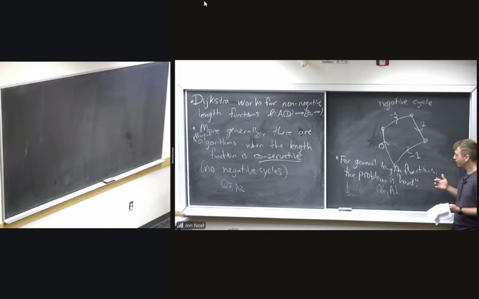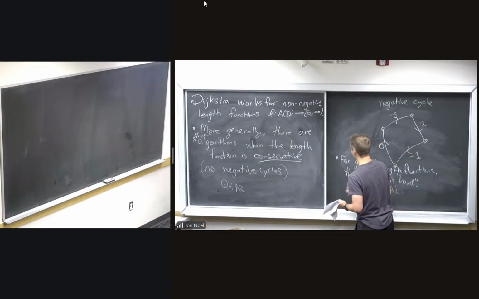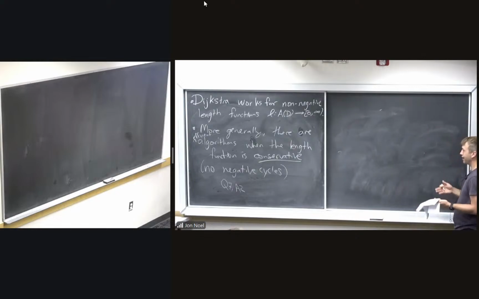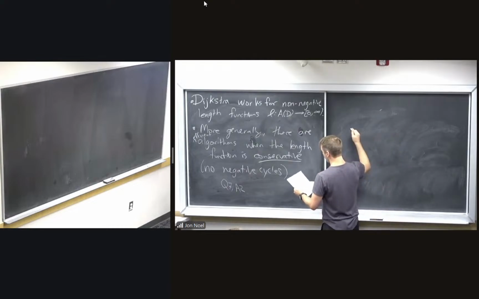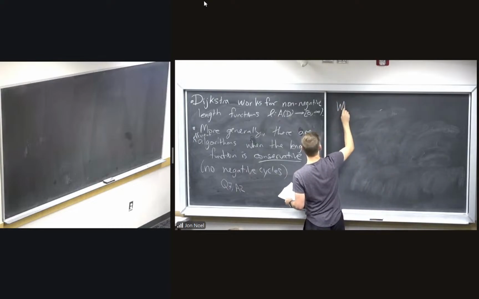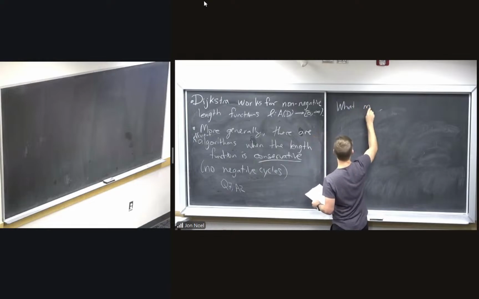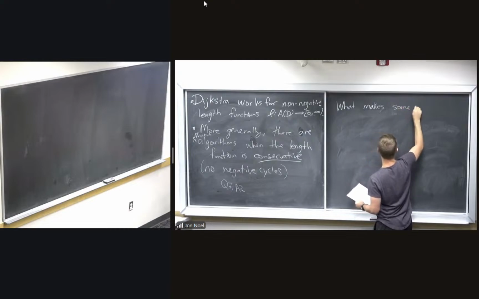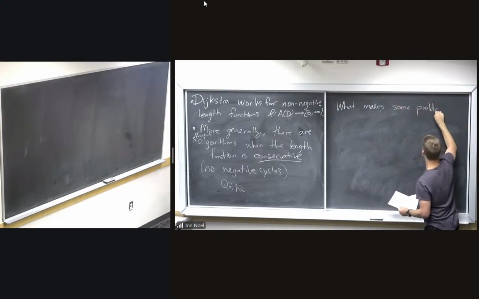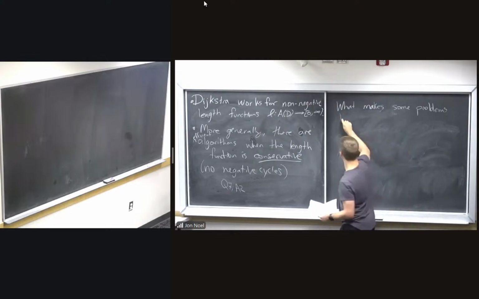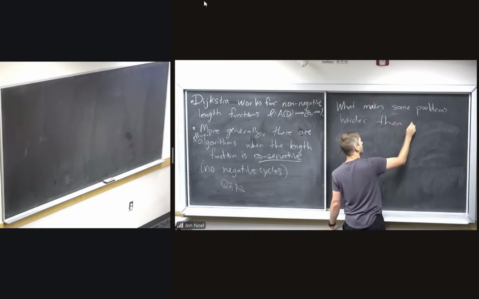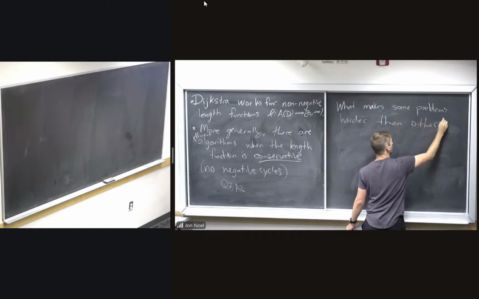Here's a natural question, especially when we're talking about problems being hard or tractable, efficient algorithms and stuff like that: what makes some problems harder than others?